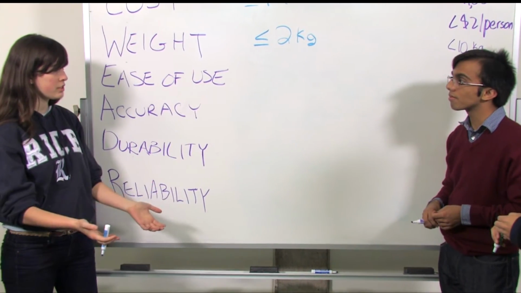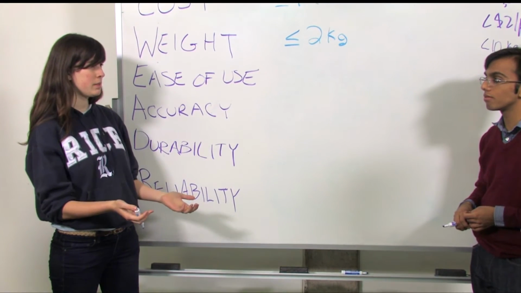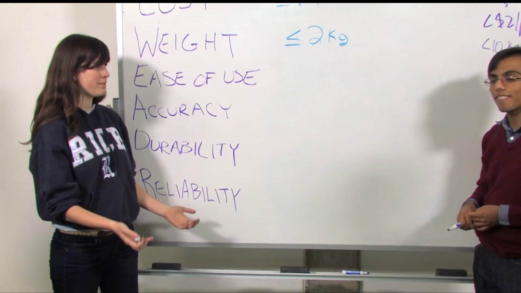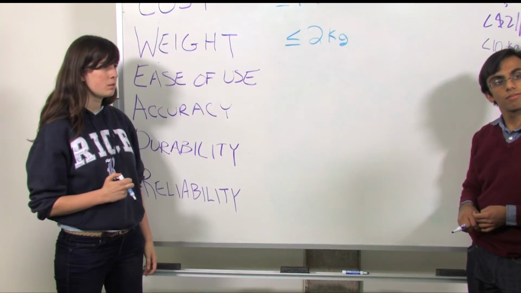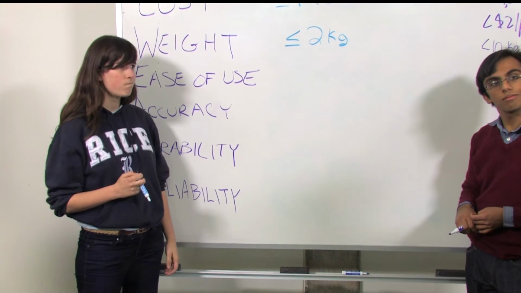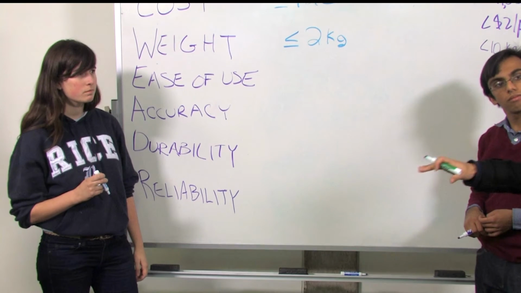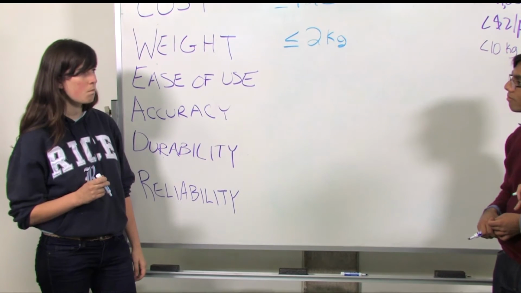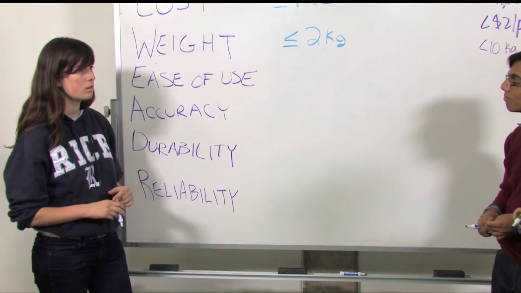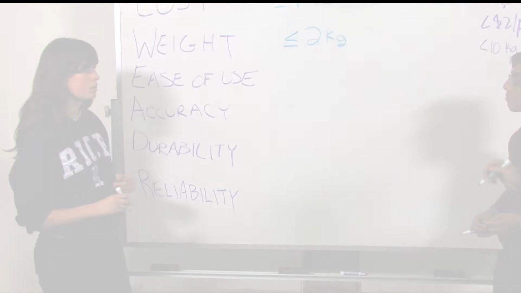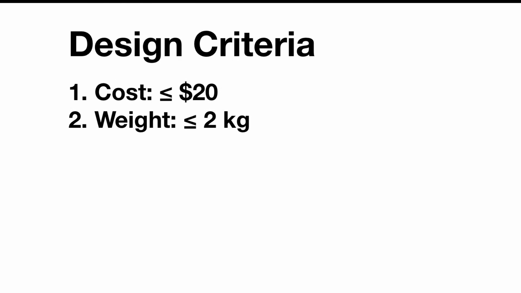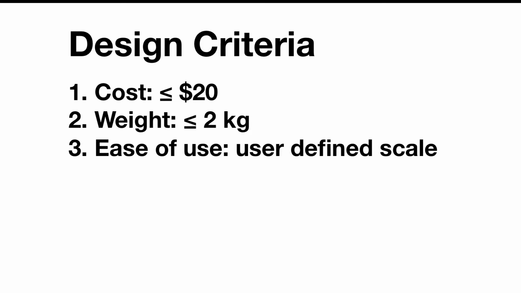They're in developing countries, they might not even be literate. That's a very broad amount of aspects to define. So I think if we went with a user-based scale to define ease of use, that might be better. We should probably come back to that since it's harder to define in numbers. Let's put user-defined scale for now.